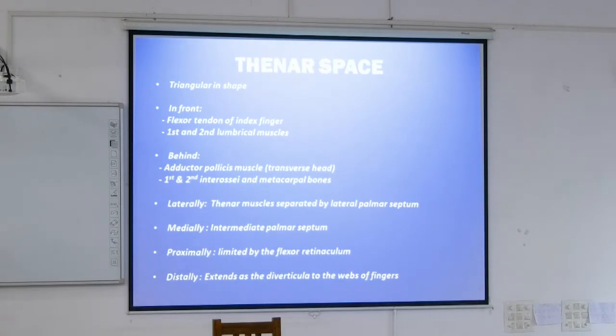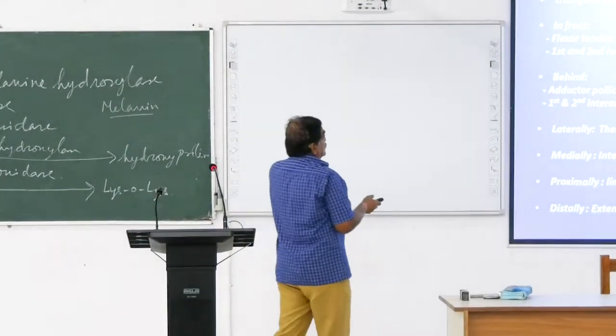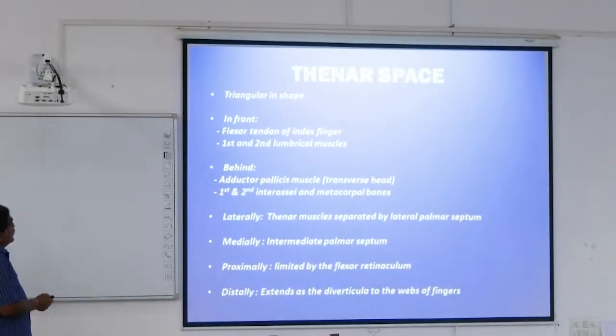Now, the thenar space is triangular in shape. In front are the flexor tendons of the index finger, first and second lumbricals. Actually, these two fingers, the muscles and the lumbricals are first and second lumbricals.